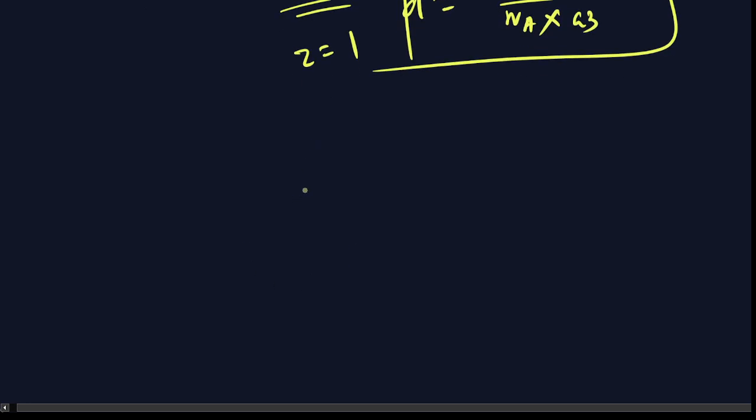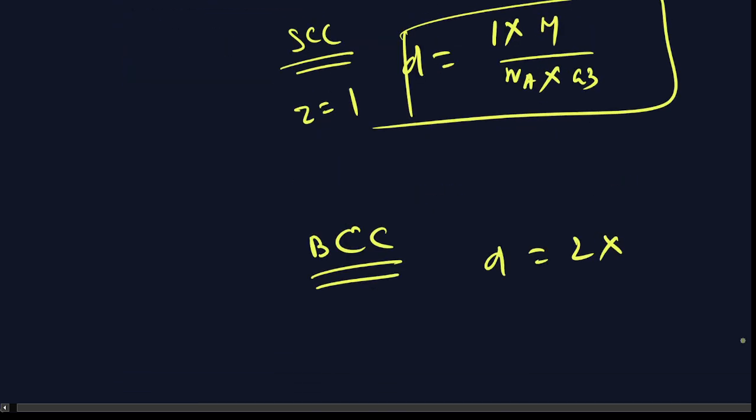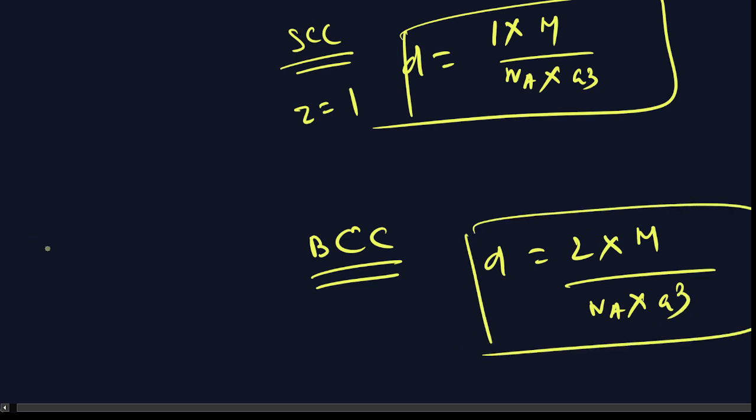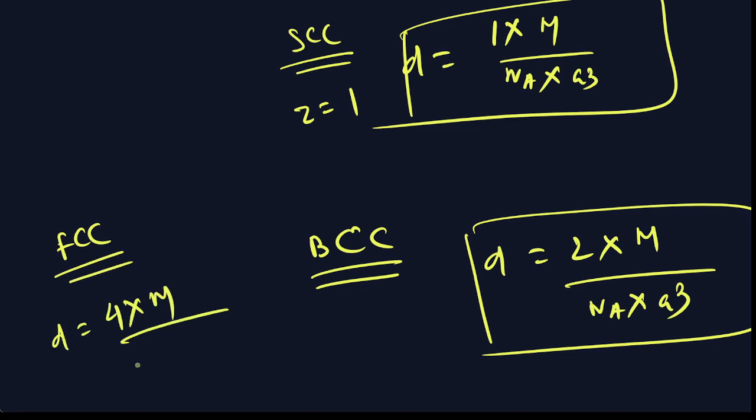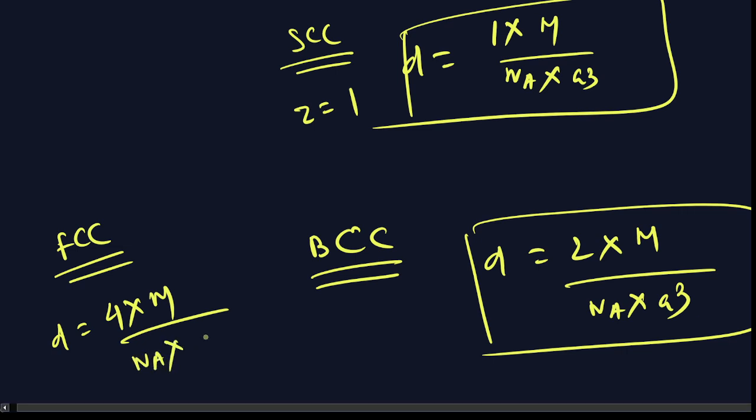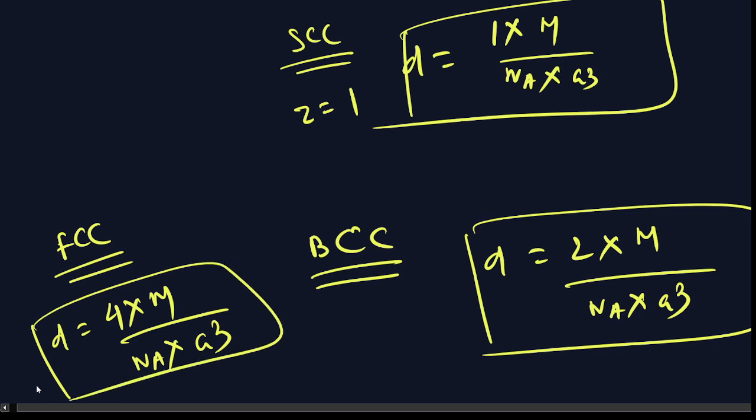For the BCC case, Z is going to be 2, so density is equal to 2 into molar mass upon Na into a cubed. And for the FCC case, the density is going to be 4 into M upon Na into a cubed. Okay, in this way we can calculate the density for SCC, BCC and FCC.